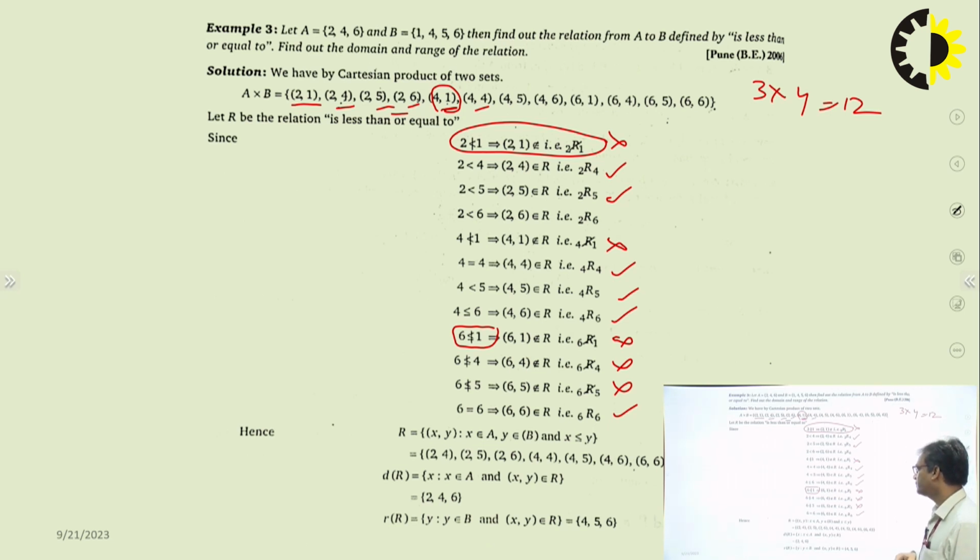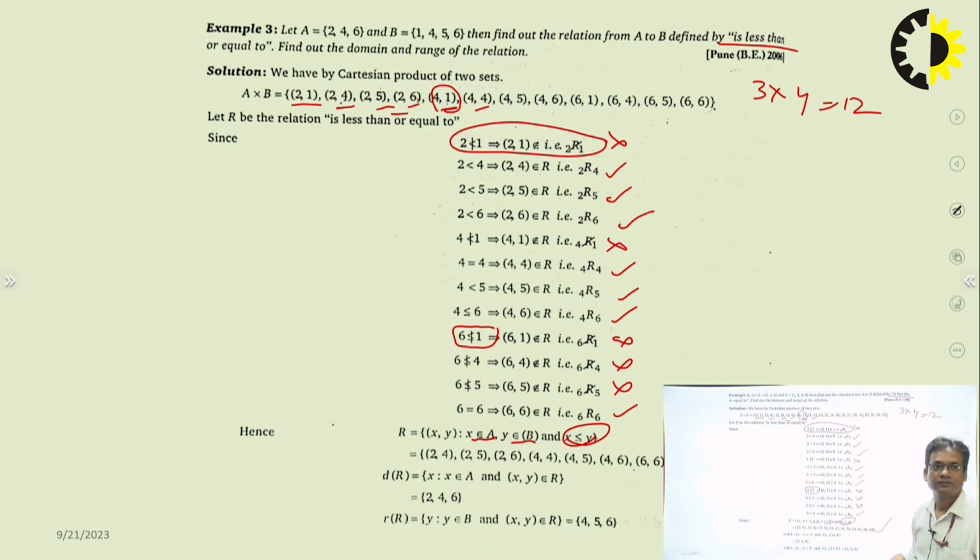Now we have the relation {(x, y) such that x belongs to A, y belongs to B, and x is less than or equal to y}. So in this way you have (2, 4), (2, 5), (2, 6), (4, 4), (4, 5), (4, 6) and (6, 6). This is the relation we find with the help of the condition less than or equal to.